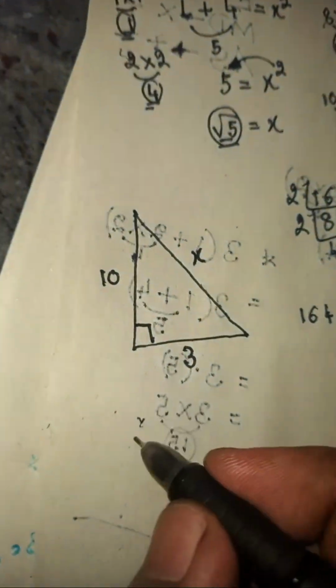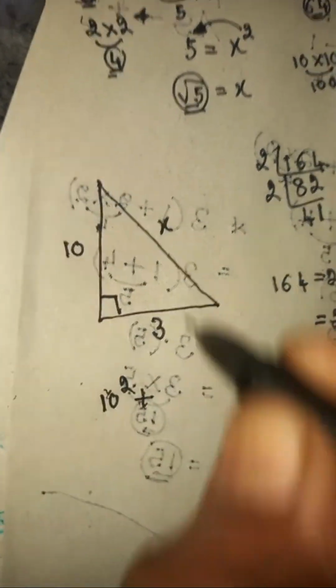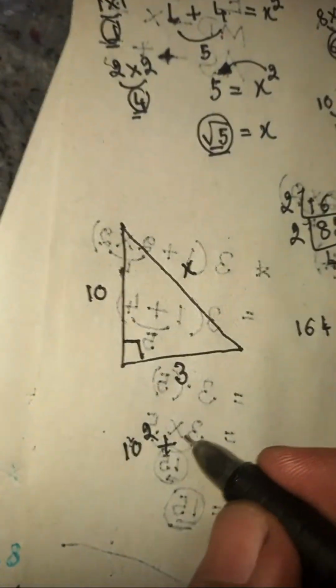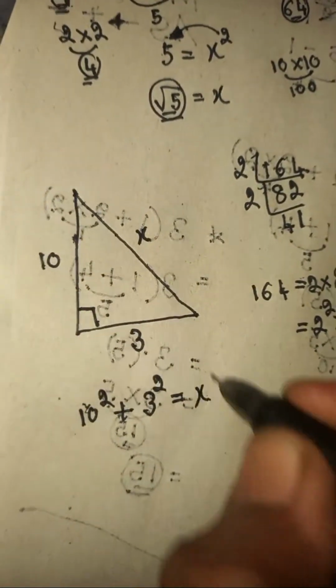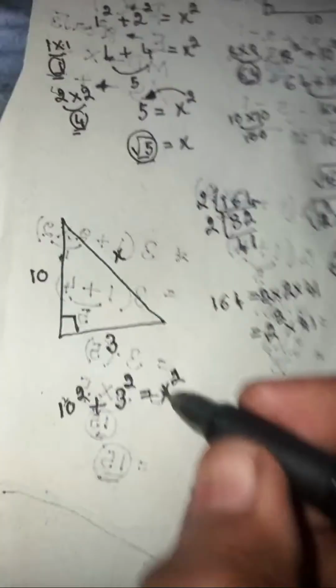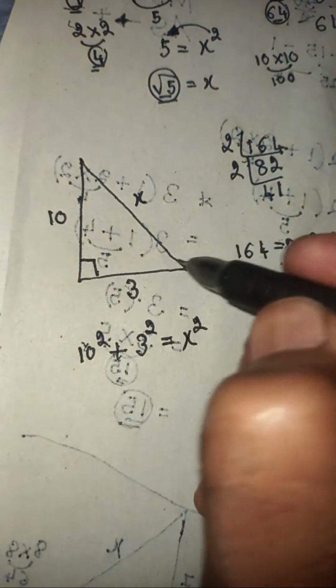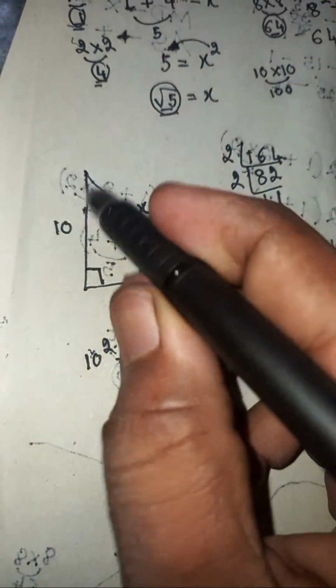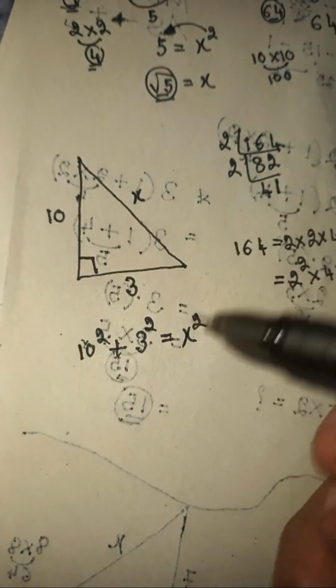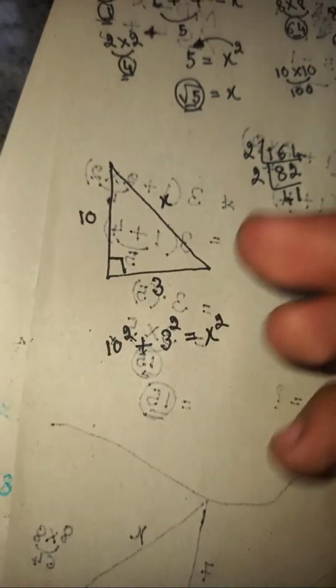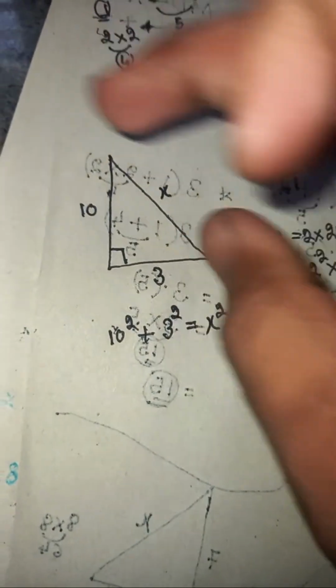Square of this is 10 square plus square of this side, which is 3 square, which is going to be equal to x square. Now in this you get this side length square is 3 square, this side length square is 10 square, and hypotenuse square, which is equal to x square. Sum of these two sides square equal to hypotenuse square.